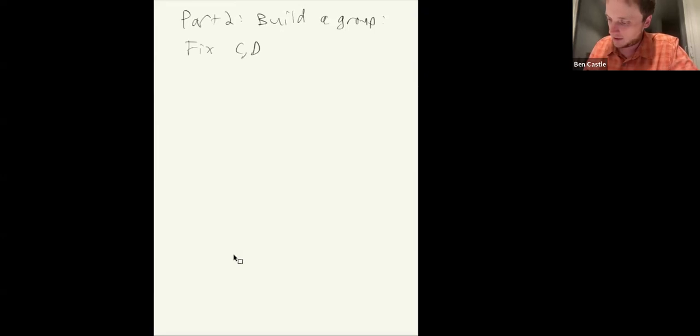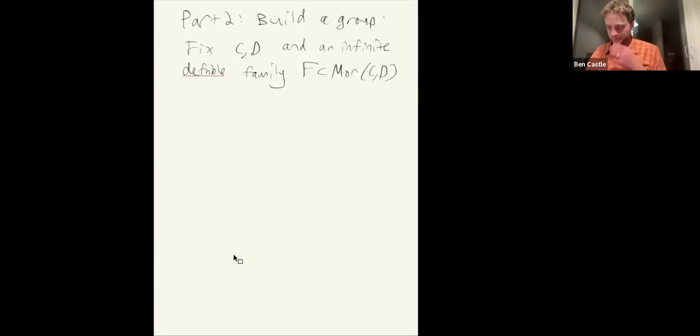I'm just going to take the family, an infinite definable family F. I believe capital F is what I called it. Yes. Of morphisms from C to D in our group weight. Okay, and well, the dimension of F has to be at most 1 by local modularity. And it's infinite, so therefore it equals 1.